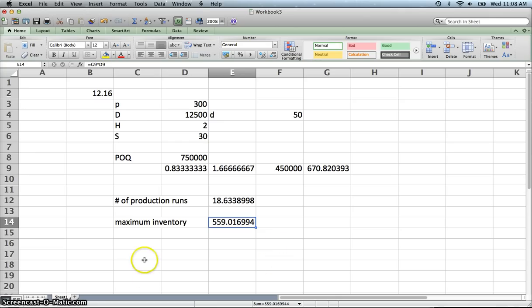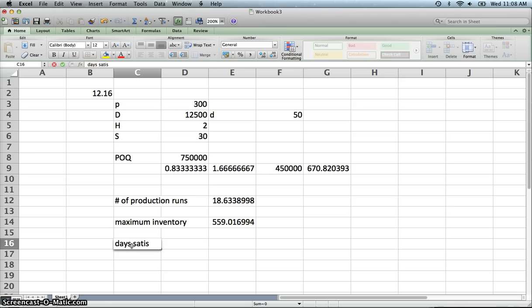The other thing you can do is they wanted to know the days of demand satisfied by each production run. We can calculate that. Days satisfied by production is just the 250 days divided by this.